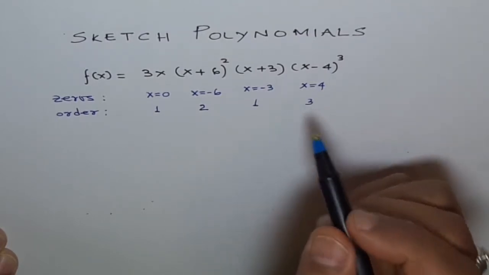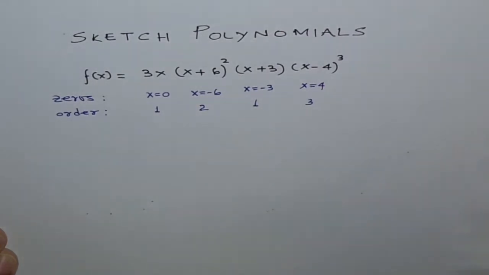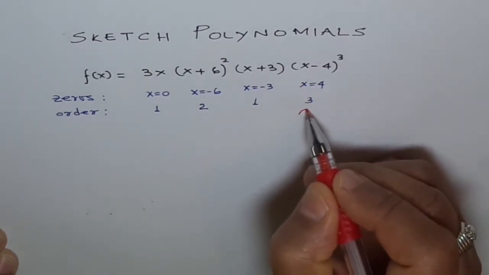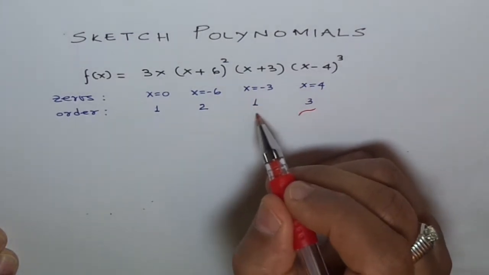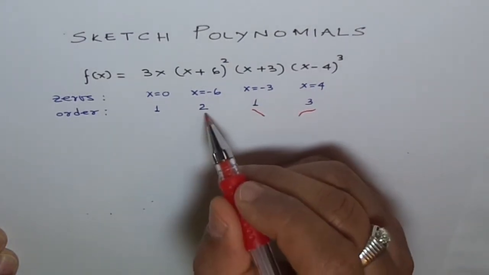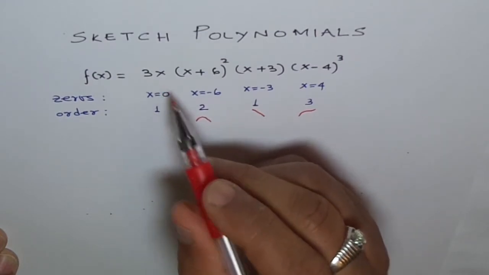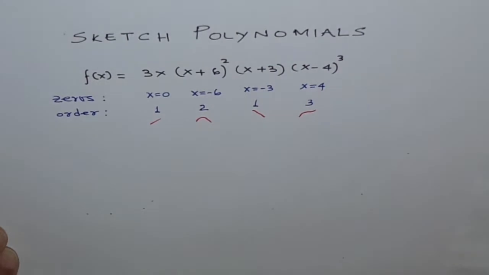Now you remember how this will behave on our curve? Order 3 will cross the x-intercept in this fashion. And this will go like a line, and this will actually turn, right? And how about this? This will go like a line. So this is the behavior of our zeros at the x-intercepts.